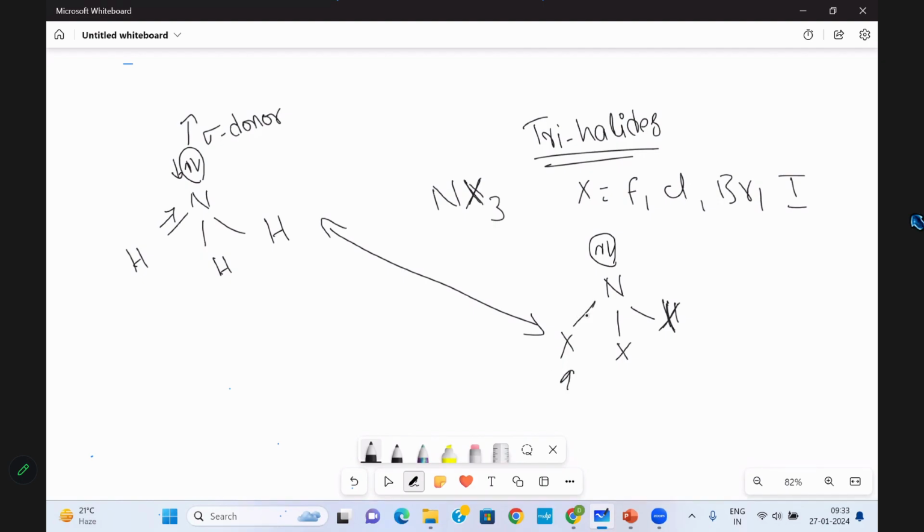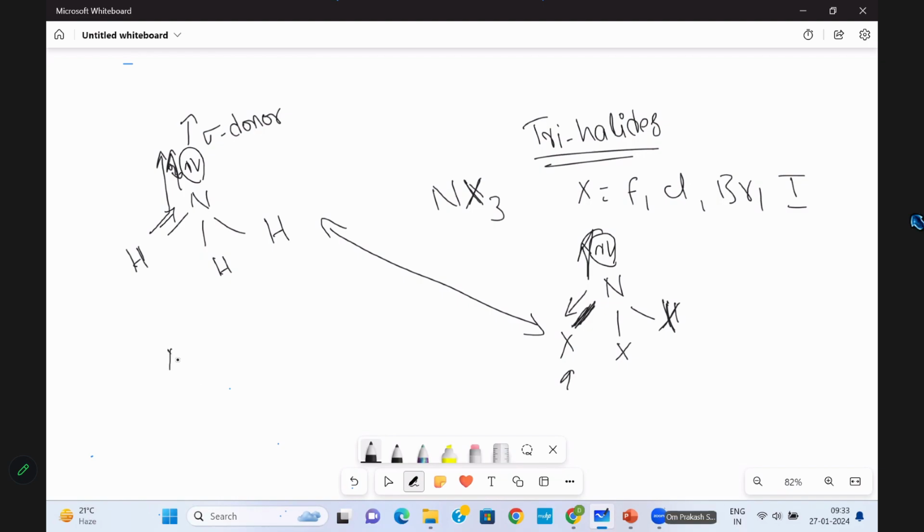So the bond is mostly towards the X side, and the lone pair directionality is the other side. With hydrogen, the atoms push the lone pair directionality to the same side, but with halides it is opposite. So the relative donating power is much lower in NX3 than ammonia. Ammonia is a very strong sigma donor, but not the other ones.